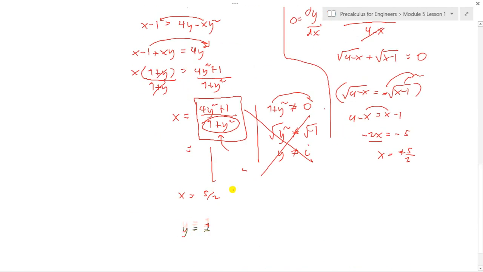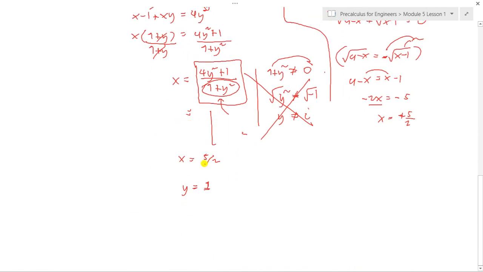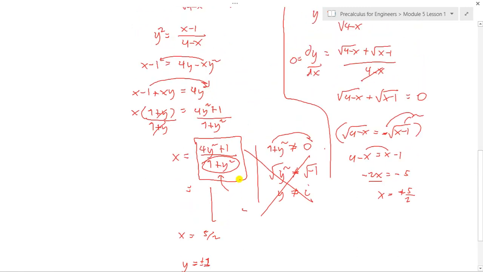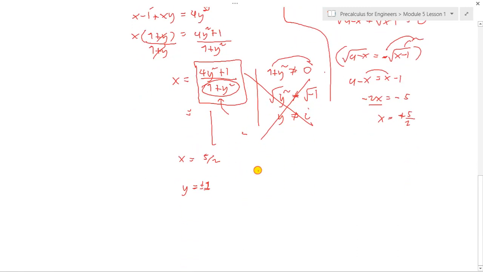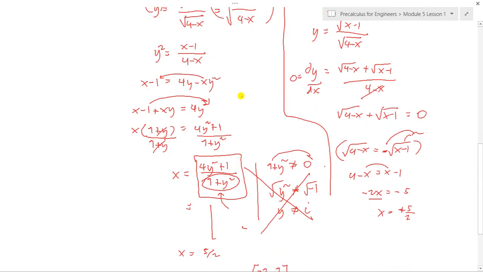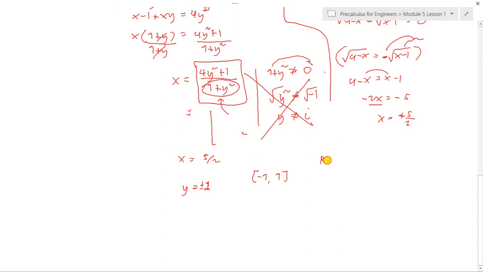So the lowest value, since the answer is plus or minus 1, means our range is from negative 1 to positive 1. So therefore our range is from negative 1 to positive 1. Again, where does this negative 1 to positive 1 come from, sir?